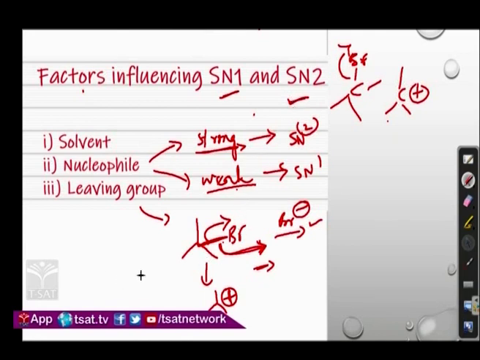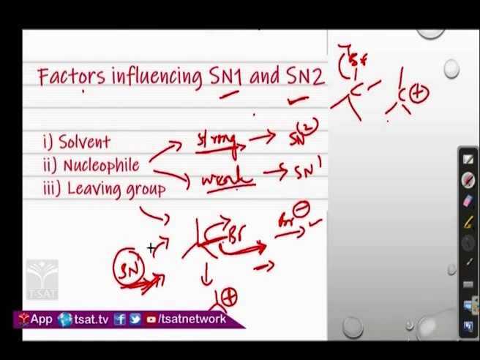But here is a condition for increasing the speed of the nucleophilic substitution reaction. If it is a good leaving group, the nucleophilic substitution reaction speed always increases. It might be SN1 or SN2. This is a very important point for competitive exams. If the leaving group tendency is more, the reaction speed increases in both SN1 and SN2.